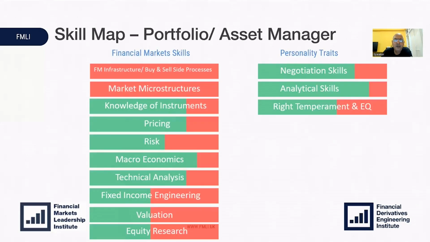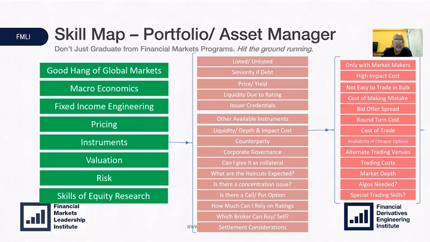So this is for portfolio and asset manager, and this is basically a breakdown of one particular skill. Portfolio and asset management people need to understand instruments very well, but in instruments also there are a lot of other skills. So listed, unlisted, seniority if it is debt, price and yield, liquidity due to ratings, issuer credentials.